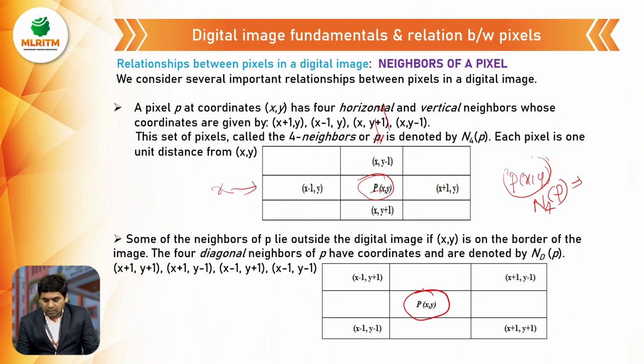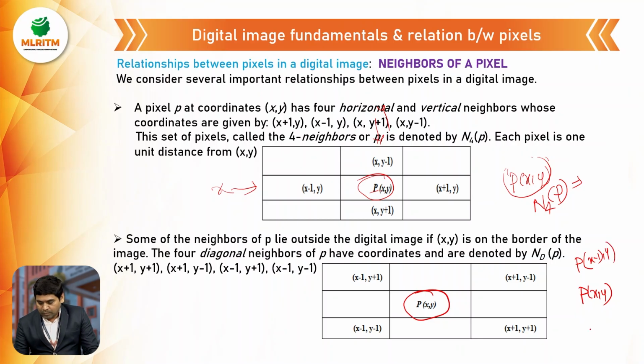In between, the middle is p of x comma y. Suppose p is x comma y: the top has the row changed, x minus 1 comma y, same column.